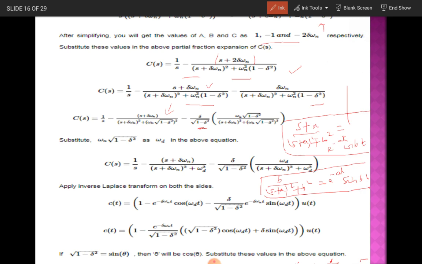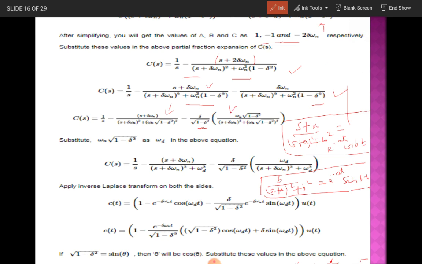If you write the equation in this format, that is (s + a)/((s + a)^2 + b^2), the inverse Laplace transform is e^(-at) cos bt. The second case is b/((s + a)^2 + b^2), which can be written as e^(-at) sin bt.